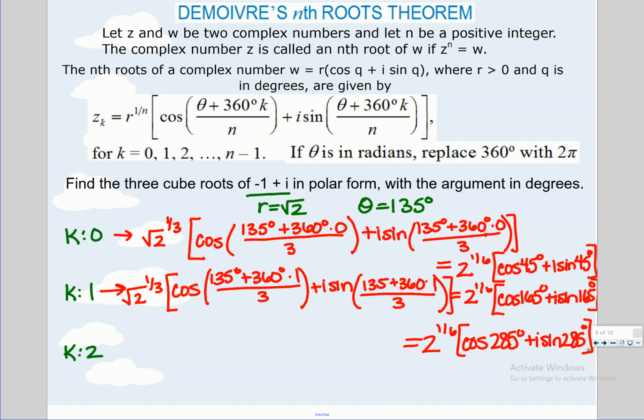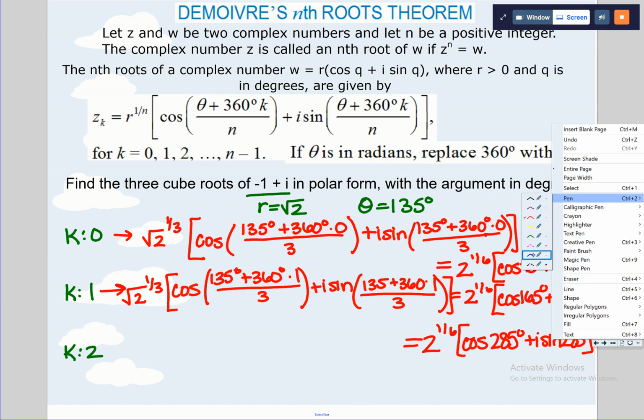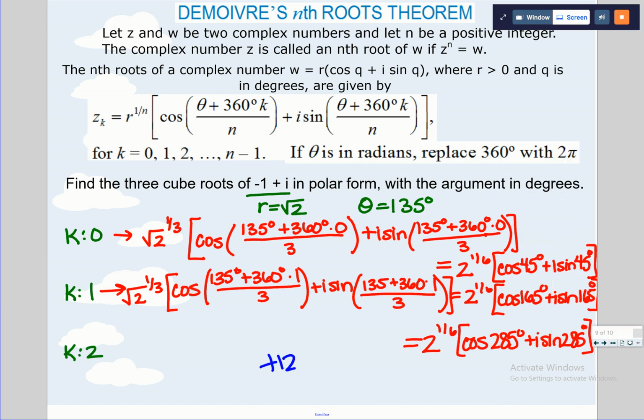Do you guys see a pattern there? They're plus what? 120. Wouldn't it be nice to just know I was going to add 120 degrees on each time after I found that first one? How are 120 and 3 related? Maybe? Can we find a relationship there with something special that we use a lot?